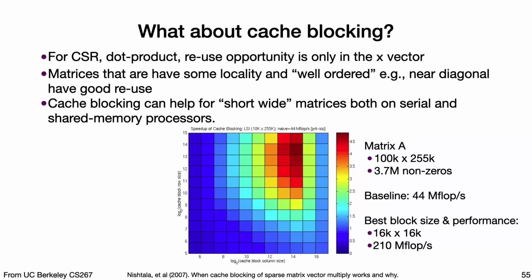And then also for y, you keep accumulating the same entry in the output. So in the x vector, if you have a matrix that has basically all the non-zeros clustered in the diagonal, you would have very good reuse of the vector because all the entries around each other would be accessing the same elements in the vector.